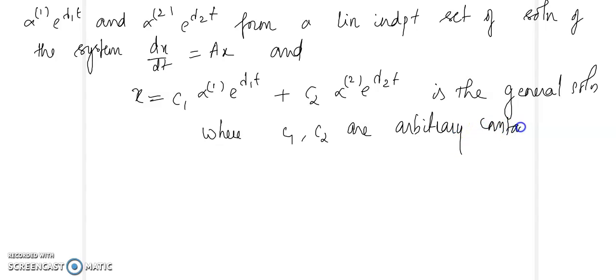So that is the form of general solutions when you have distinct eigenvalues. In the next session we will see a few problems on finding the solution.